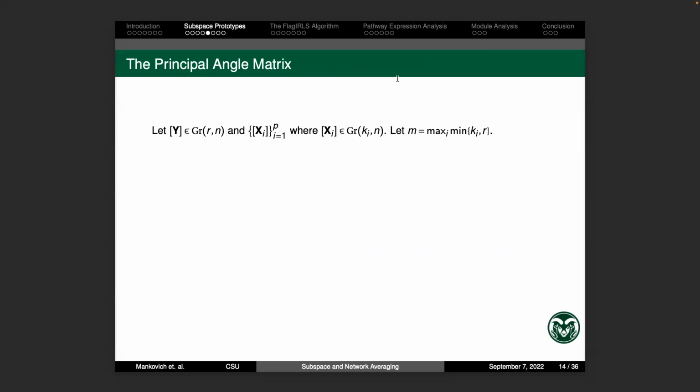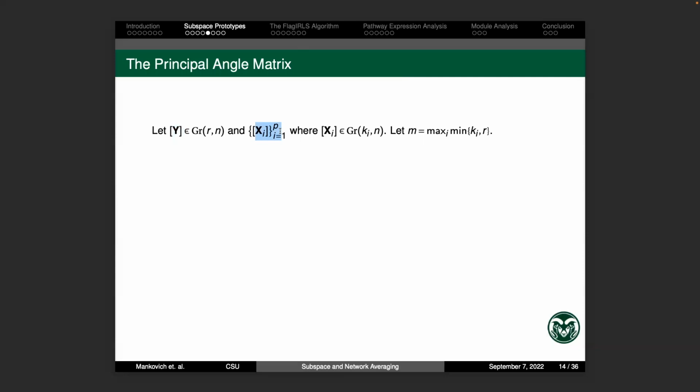So let's say we have a ton of different principal angles between subspaces. This is going to get a little hectic, but it's nice to see. I like to organize things and put them in tables. So given a collection of points or a collection of subspaces and one central prototype subspace, can we generate some sort of matrix that contains all the information of the principal angles between this subspace Y and each of these xi's?